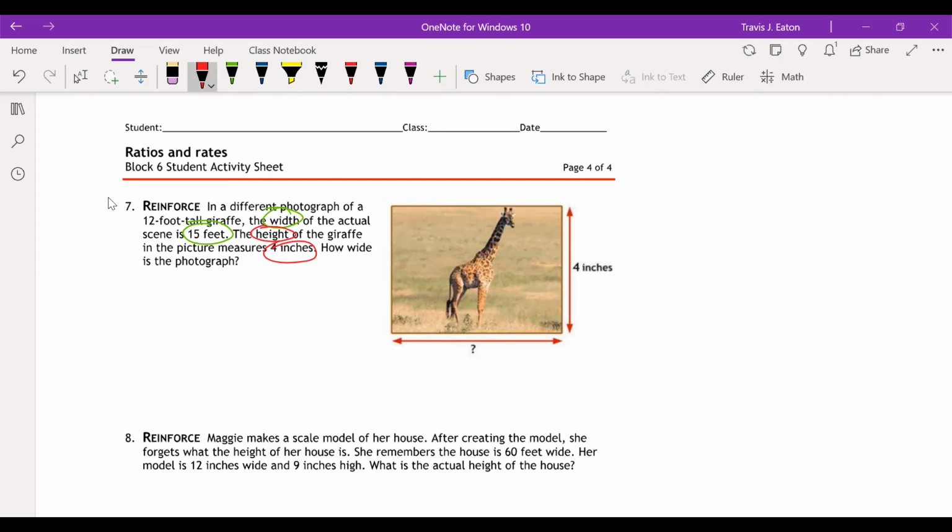We're going to have to use proportional relationships again. So let's have a look at this. We know that the giraffe is 12 feet tall. That's important information, right? The giraffe is 12 feet tall. And the width of the actual scene is 15 feet.